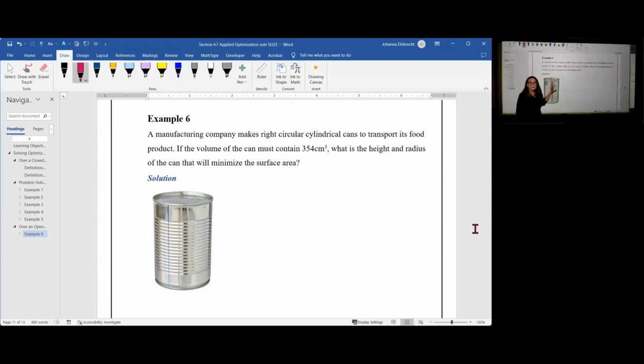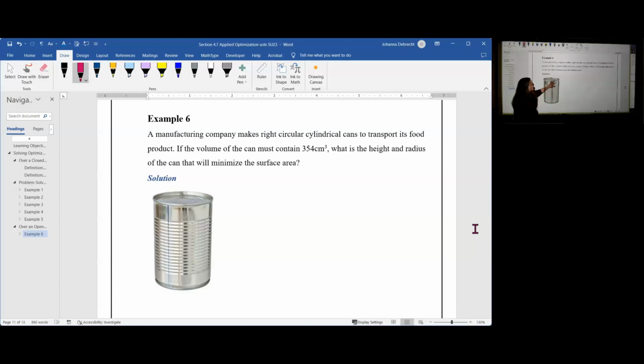Well, you would want to minimize the surface area because the less surface area, the less raw material, and that is cost. Okay, coming back to the beginning, a manufacturing company, got it, makes right circular cylindrical cans.